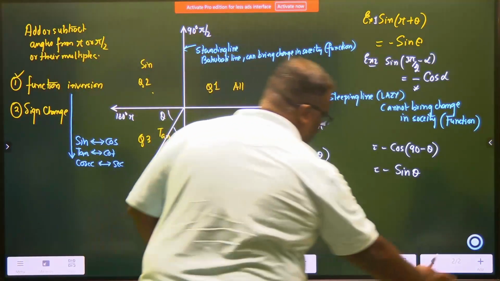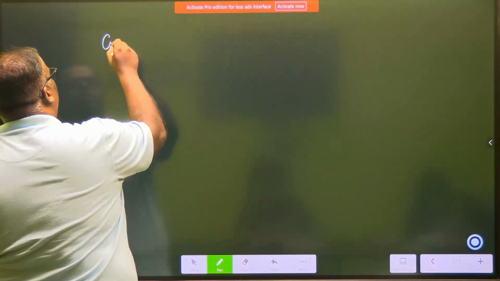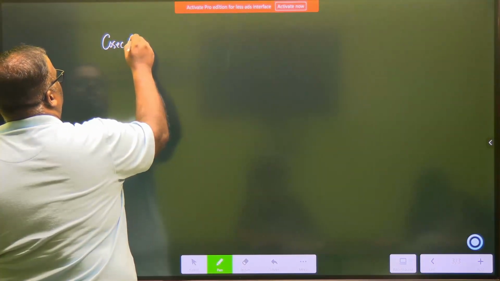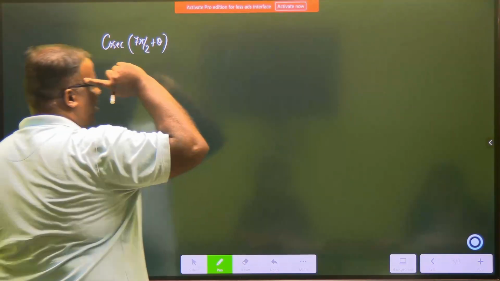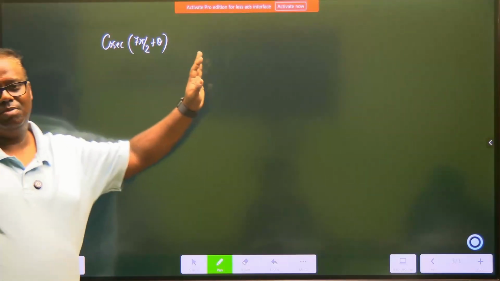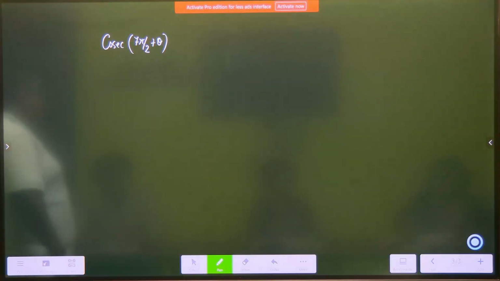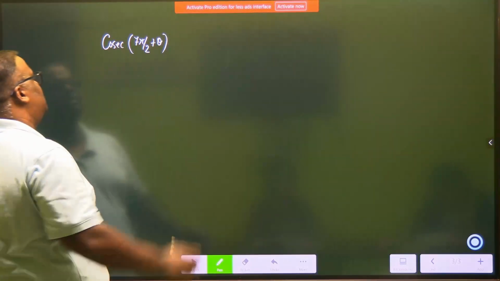Shall we try some more? Okay, can you tell me what is the value of cosec 7 pi by 2 plus theta? Cosec 7 pi by 2. Don't forget that 7. Pi by 2 means standing line. Standing line means they can bring change in society.